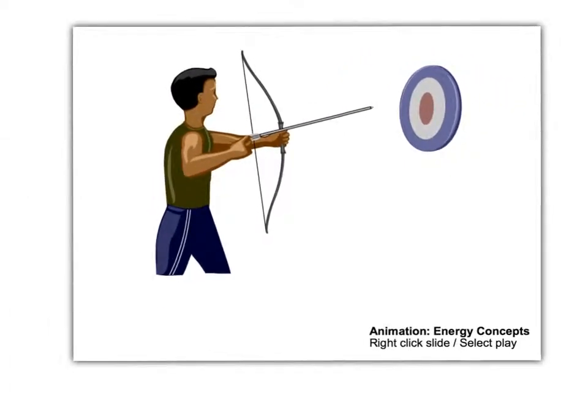Example of, this animation's ridiculous. But bow and arrow is an example of potential and kinetic energy. Pull the arrow back, you're increasing potential energy. Once it's released, that potential energy, the tension in the bow, is transformed through the arrow, producing kinetic energy of the arrow to its target.